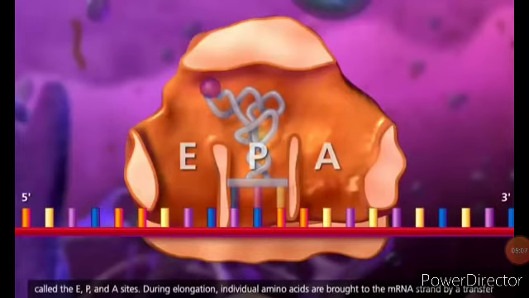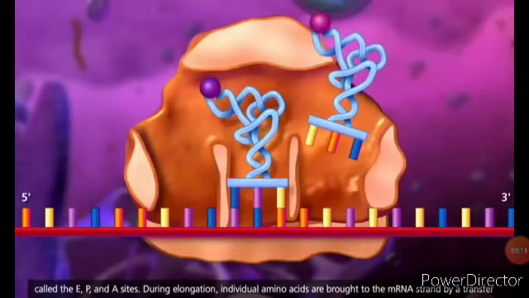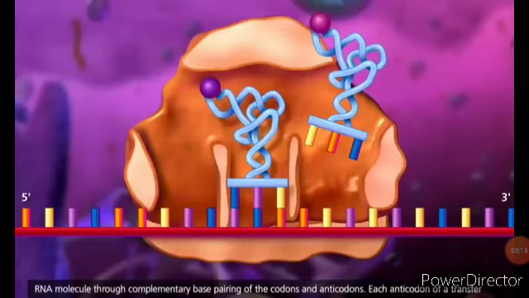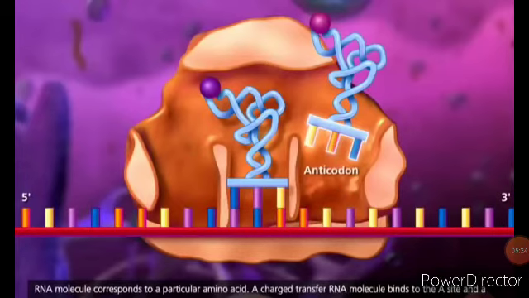During elongation, individual amino acids are brought to the mRNA strand by a transfer RNA molecule through complementary base pairing of the codons and anticodons. Each anticodon of a tRNA molecule corresponds to a particular amino acid.